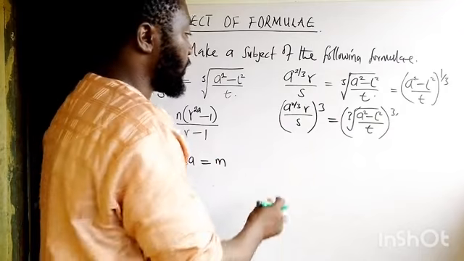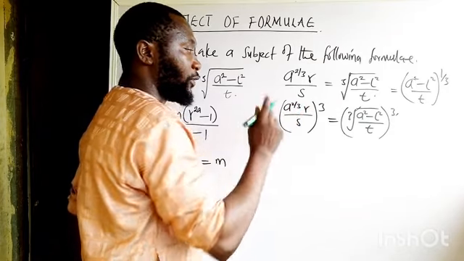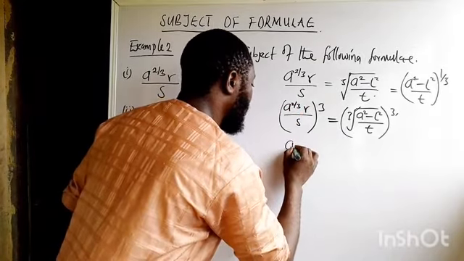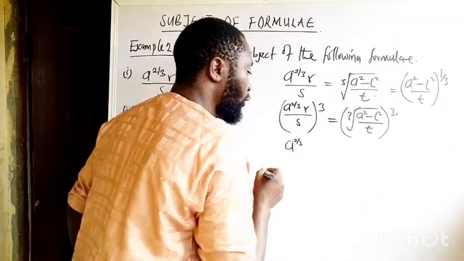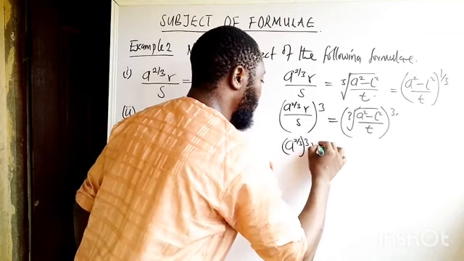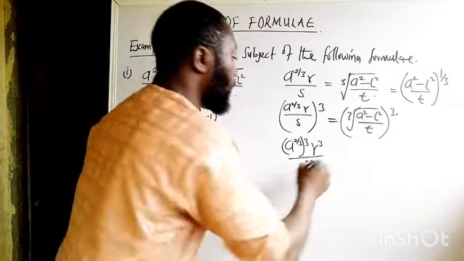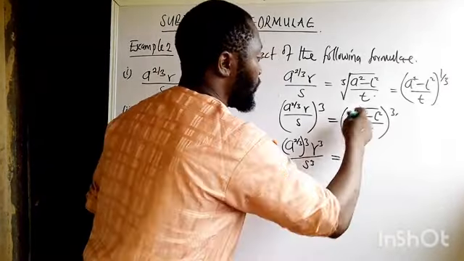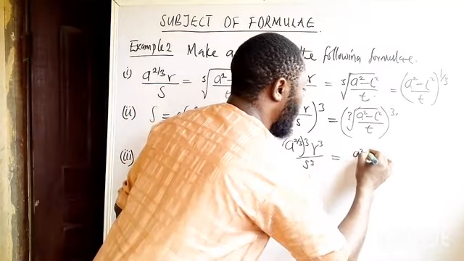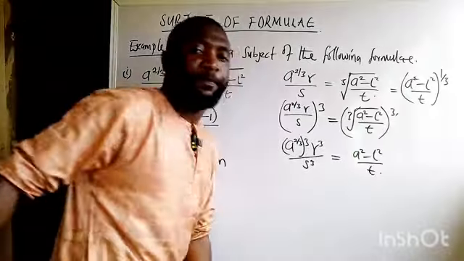So because of that, we are going to raise this a to the power of 3, r, s, everything to the power of 2. So now we have a raised to the power of 2 over 3 before. Now raise it to the power of 3. R also to the power of 3. S also to the power of 3. Everything equals, so this is gone now, so we have a square minus l square, everything over t.